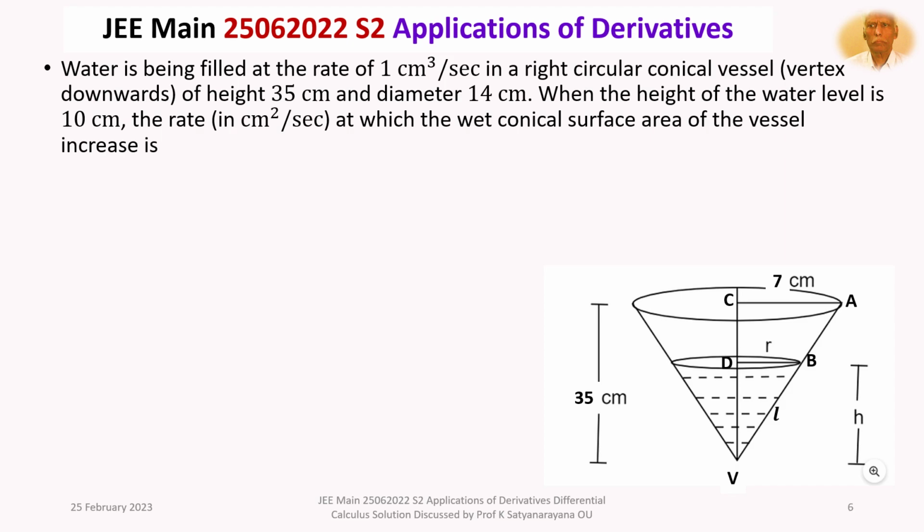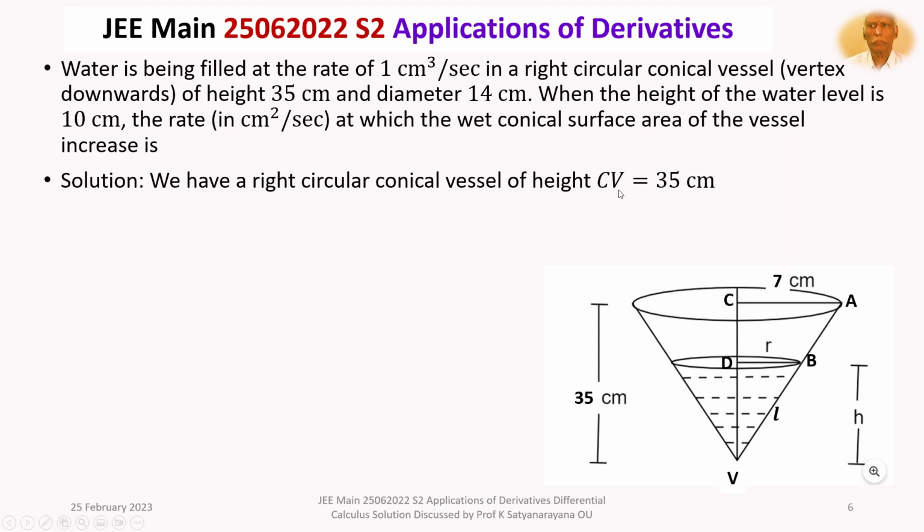And we have the conical vessel, vertex downwards. The height is 35 centimeters and diameter is 14 centimeters, meaning radius is 7 cm. So the height CV is 35 centimeters, radius CA is 7 centimeters.